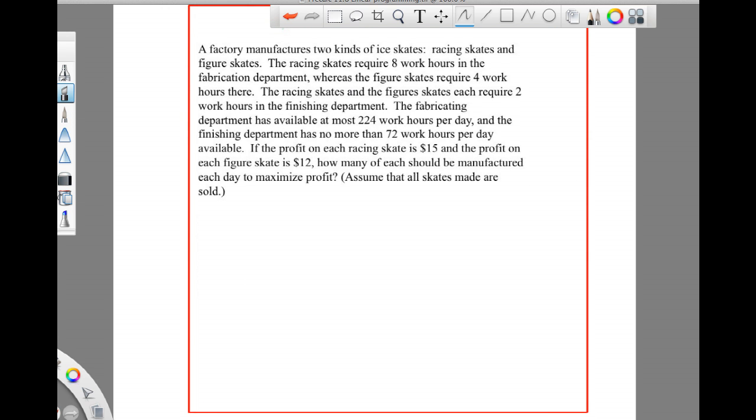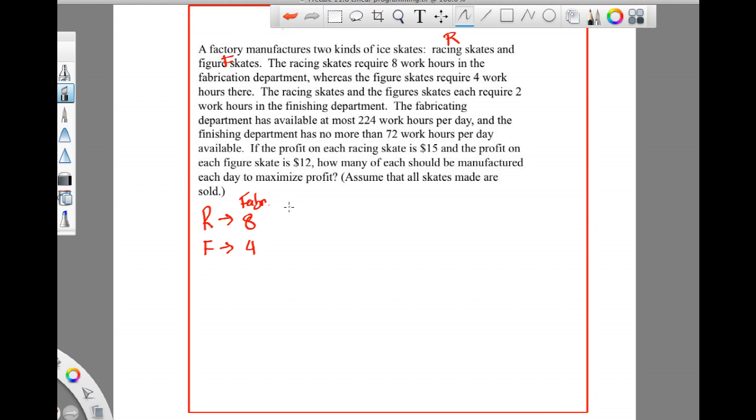So here we go. A factory manufactures two kinds of ice skates, racing and figure. I'm going to call the racing skates R, and the figure skates I'm going to call F. The racing skates require 8 hours of work in the fabrication department, and the figure skates require 4 hours of work.